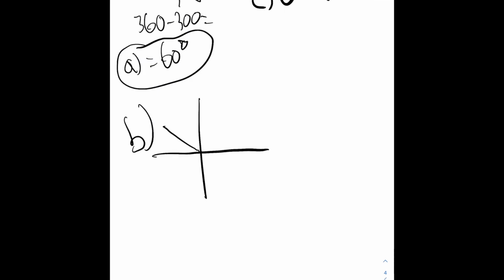If you were sketching it, your sketch is going to be somewhere over here, which means my reference angle is going to be this area right here. I'm trying to get to pi radians, because this is 0 pi, this is pi over 2, this is 1 pi. So I'm going to say pi minus 2.3.